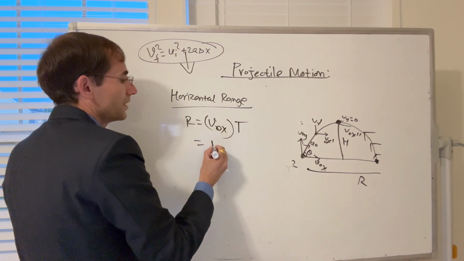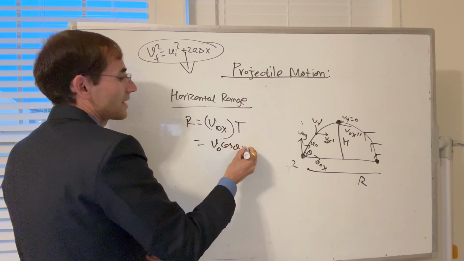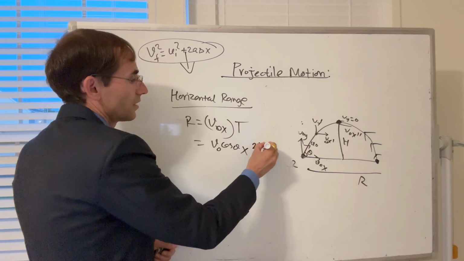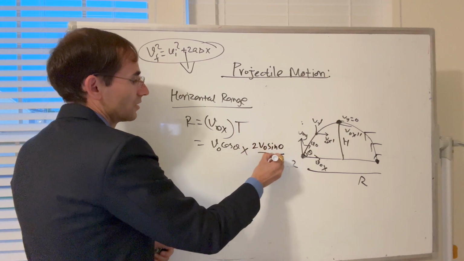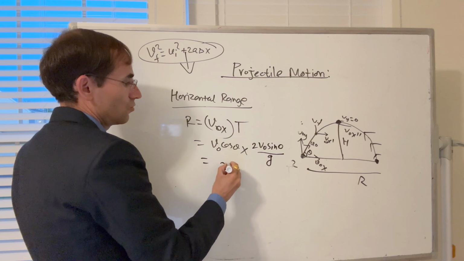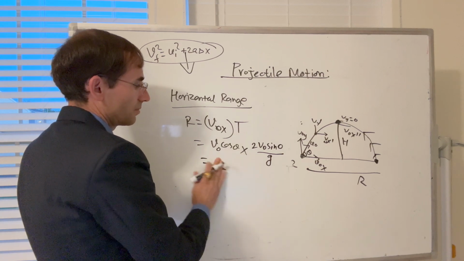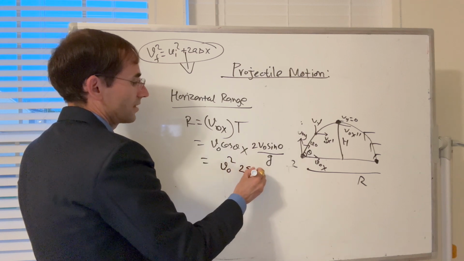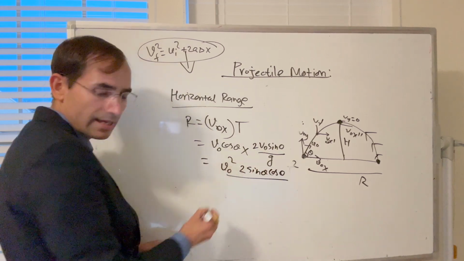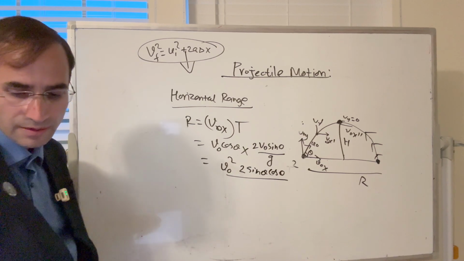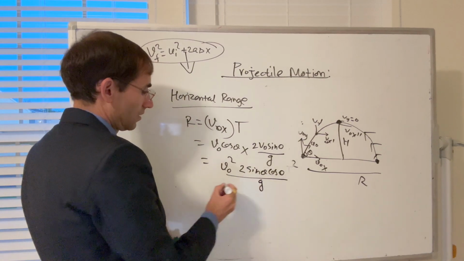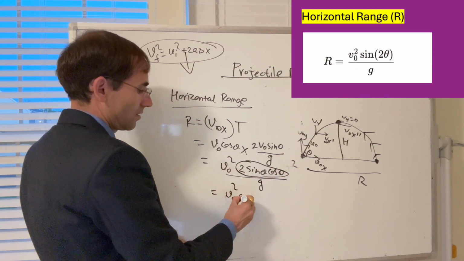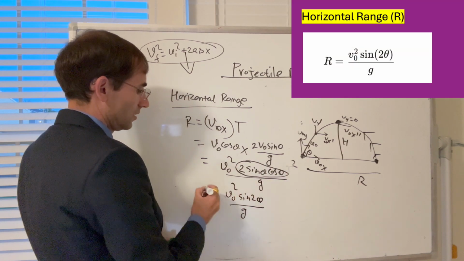So v_0x is v_0 cosine theta, and the time of flight we just calculated is 2 v_0 sine theta over g. So that means v_0 squared times 2 sine theta cosine theta divided by g. And 2 sine theta cosine theta is sine of 2 theta. So v_0 squared sine 2 theta over g is equal to R.